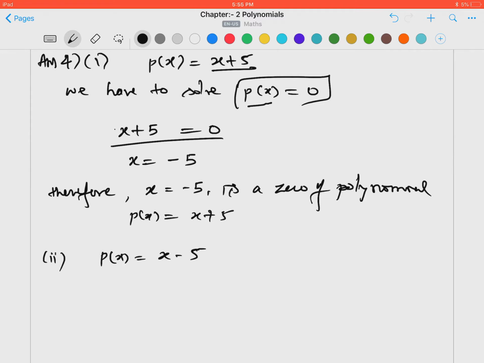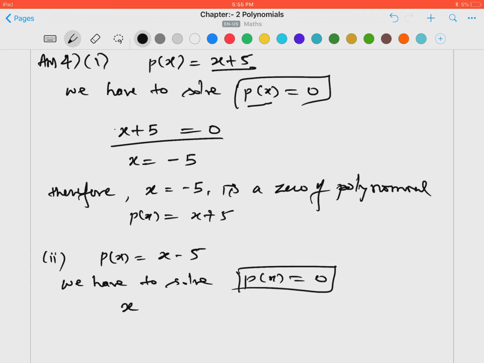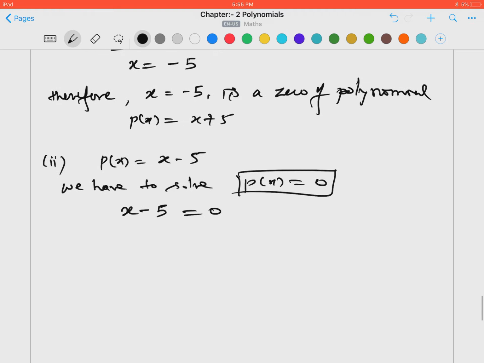Now again we have to find the zero of this polynomial. So again we have to solve p(x) equal to 0. That means at the place of p(x) we write the given polynomial, which is x minus 5, equal to 0. So x will be here. When you shift this 5 to this side, minus 5 will become plus 5.